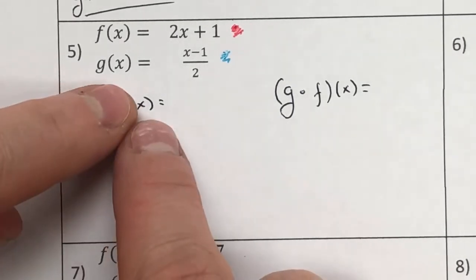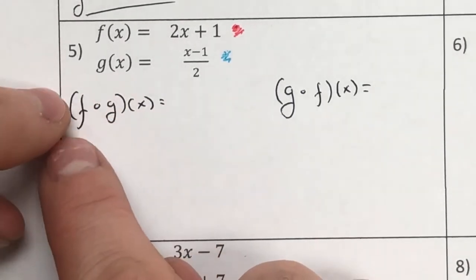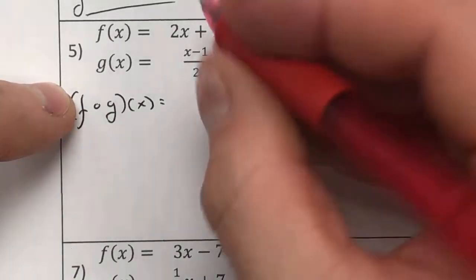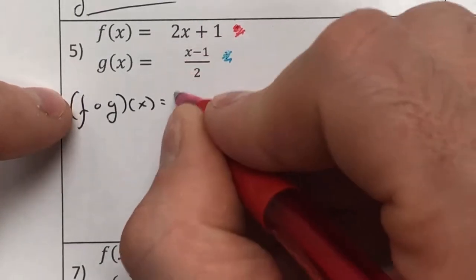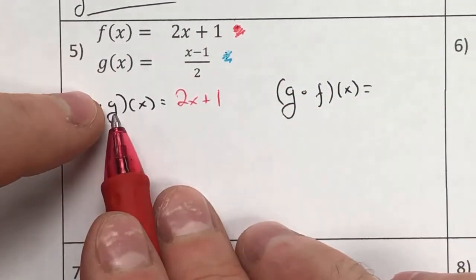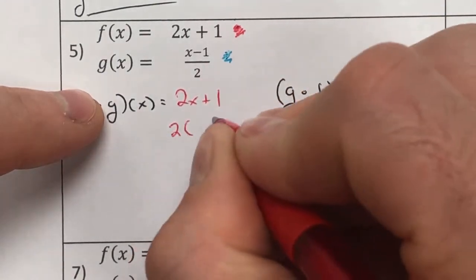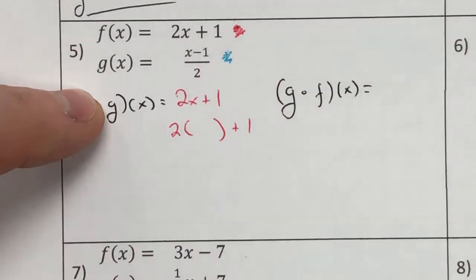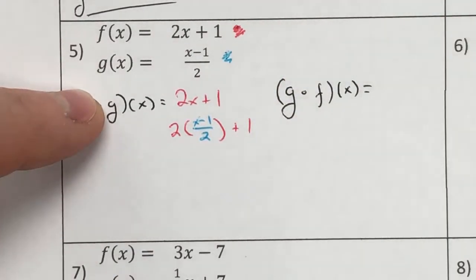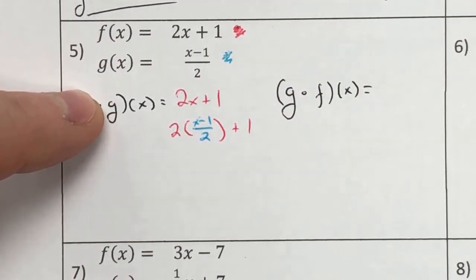Okay. So here I'm going to fix what we did previously. I'm taking x, plugging into g, and g plugging into f. So because I'm plugging g into f, I'm going to start out with my f, my 2x plus 1. What am I plugging into f? It's composed of g, which in this case is x minus 1 divided by 2. And I'm going to see what we get.